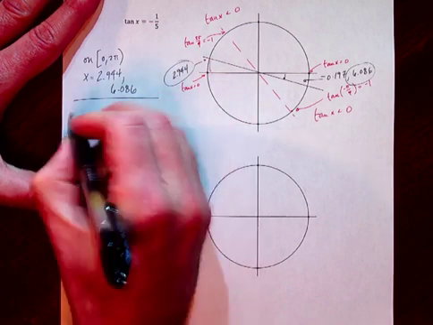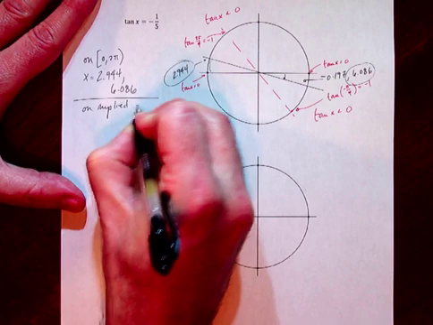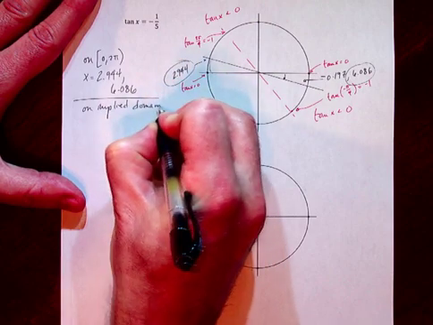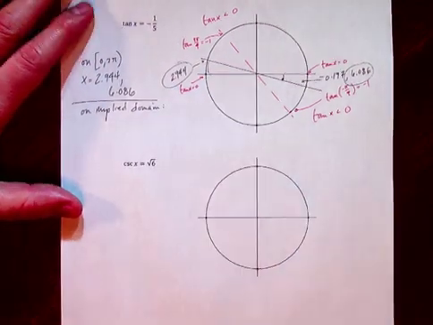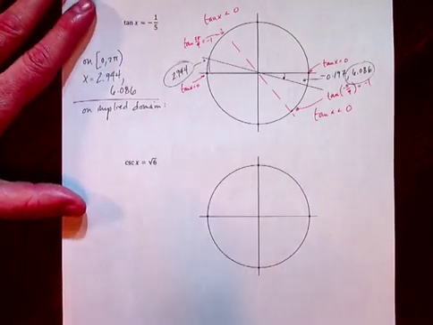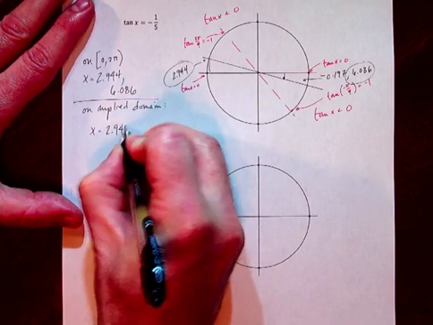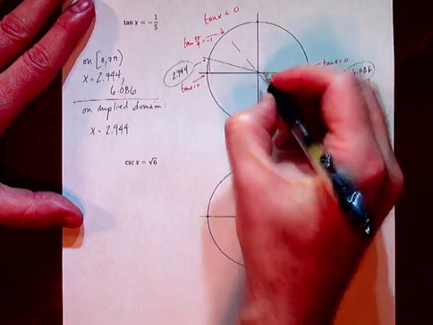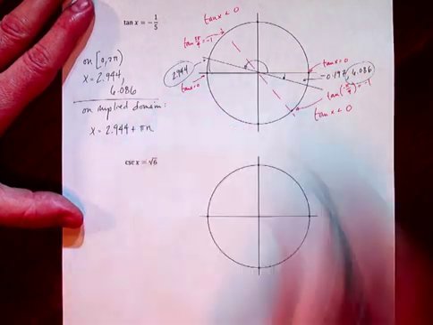Now, if I was asked for it on the implied domain, notice that I'm no longer putting negative infinity to infinity. I'm putting implied domain because tangent doesn't exist at its asymptotes, which of course occur periodically. And I don't want to deal with trying to express that or explain how to right now. But we understand that 2.944 would be the first angle measurement, and then it would be every period before and after that.